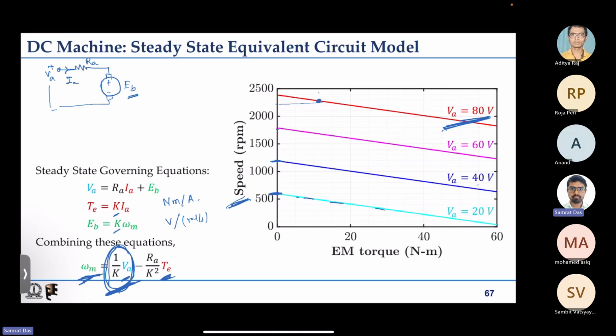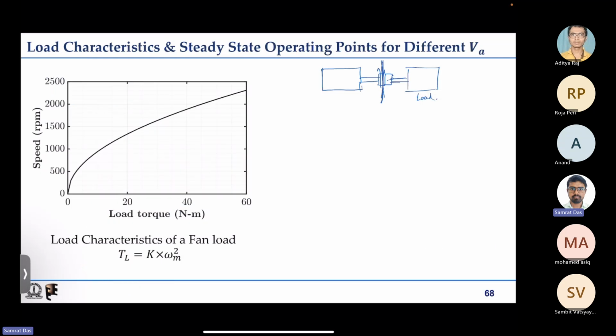Say this speed is given and the applied voltage is this, then the motor will surely operate at this instant only and at this torque only. This red line is the motor characteristic at an armature voltage of 80 volt. Next, similarly, there is a load characteristic also.